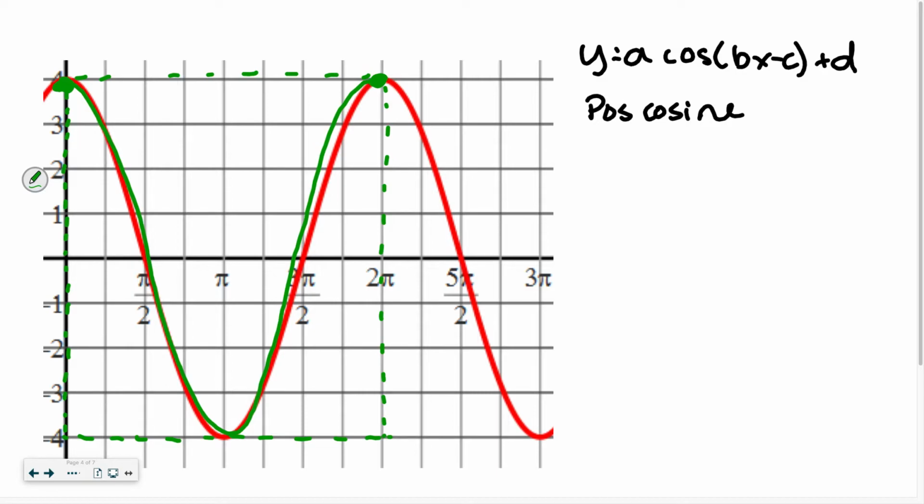When we talk about starting point, c over b comma d, we're talking about the starting point for the frame. So if it's a cosine graph, be very careful. The starting point is really 0, 0 here. It does not have to be on the graph.